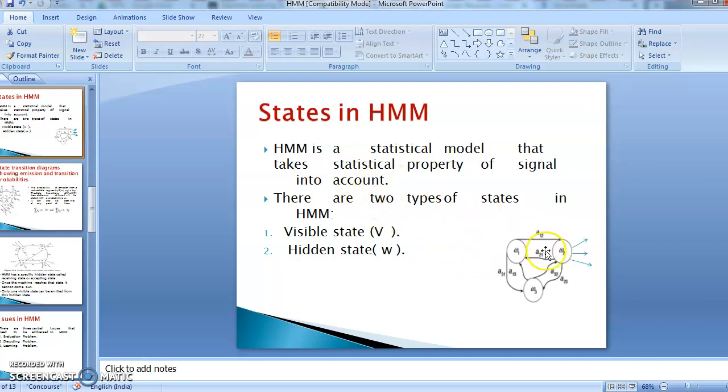In this diagram, or in this hidden Markov model, we are interested in two kinds of states: one is the visible state and the other is the hidden state. In this diagram you can see that W1, W2, W3 are called the hidden states, and the output states, might be V1, V2, V3, are called the visible states.